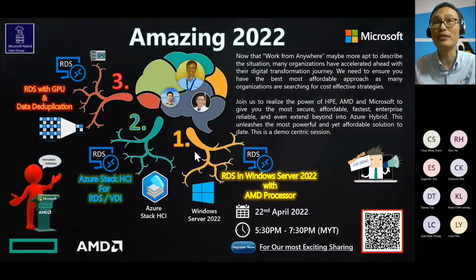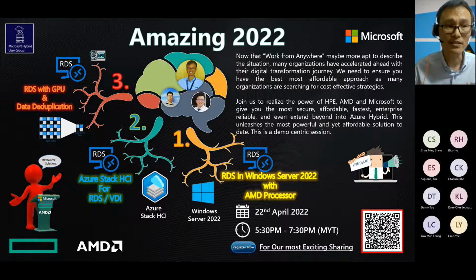As you can see from each branch, we are trying to look at remote desktop services as a key service that offers secure remote work to customers who are still doing their digital transformation, allowing users to work from home or anywhere, now with many countries coming back to a more normal state.